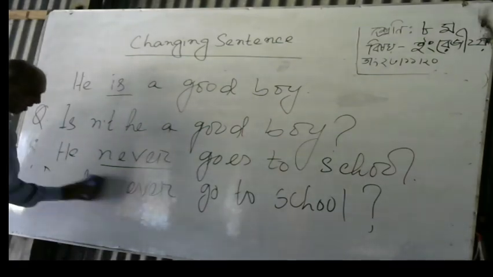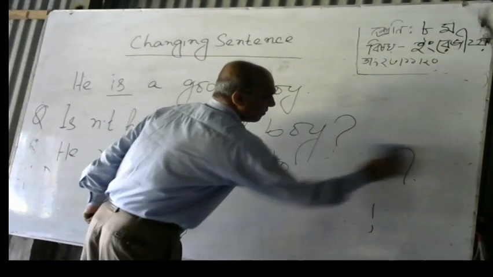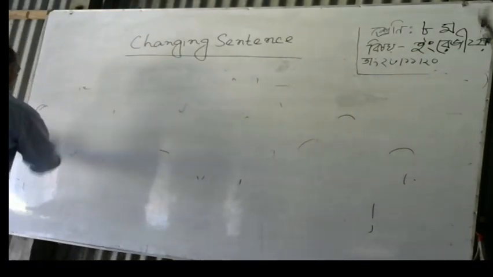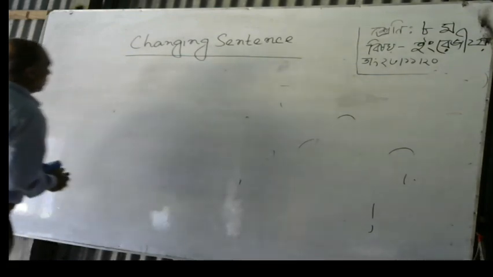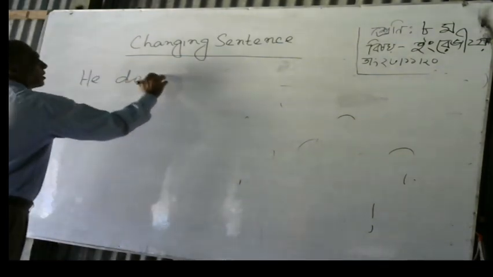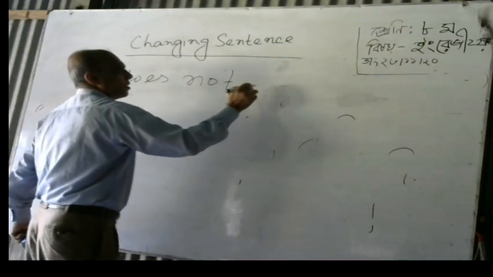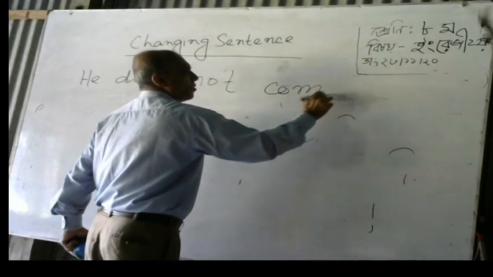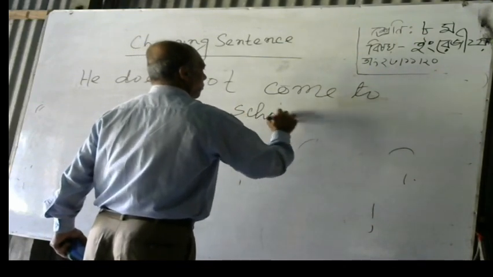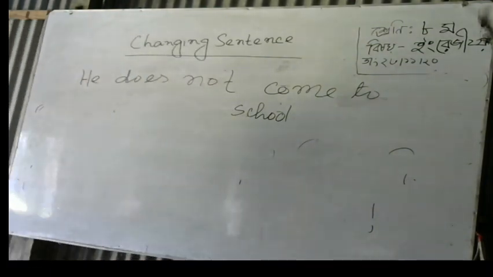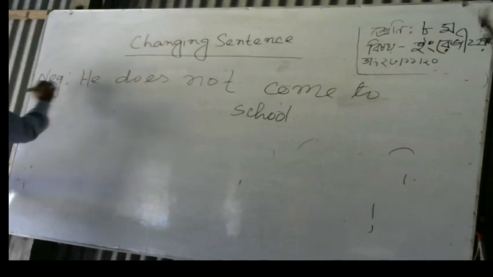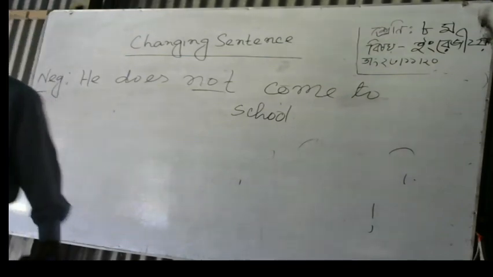Now, I am going to give you another example. Just follow me. Look at the board and try to follow me. What I am going to write down on the board: it does not come to school. This is your statement. This is your negative statement, because there is not.